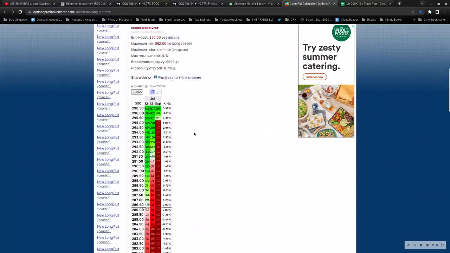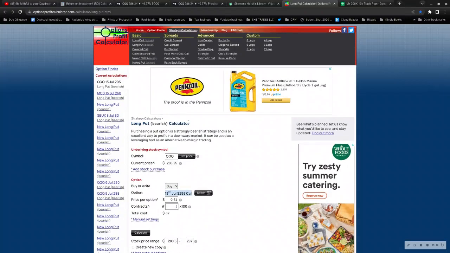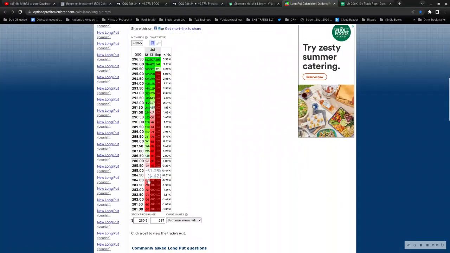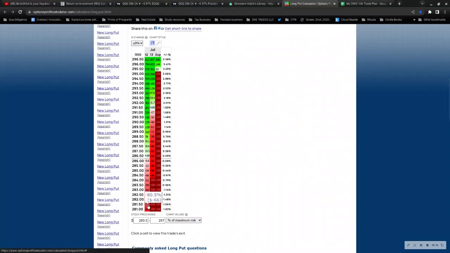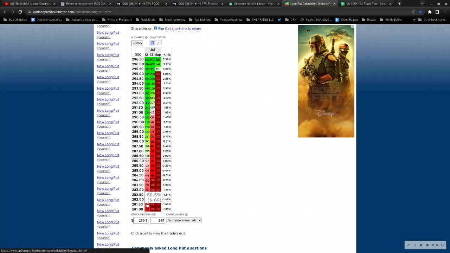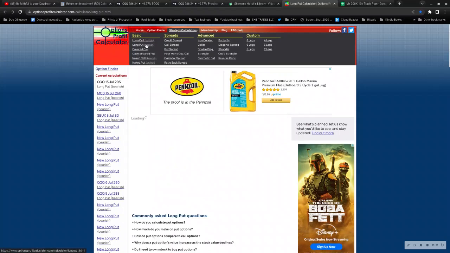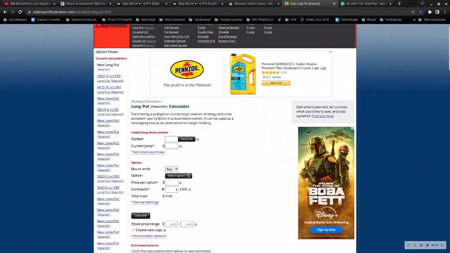And so if I were to, let's say, if the stock did not go my way, if the stock came down to 281, I would lose $66. However, if I had a put bias, I could just do the same for the put.